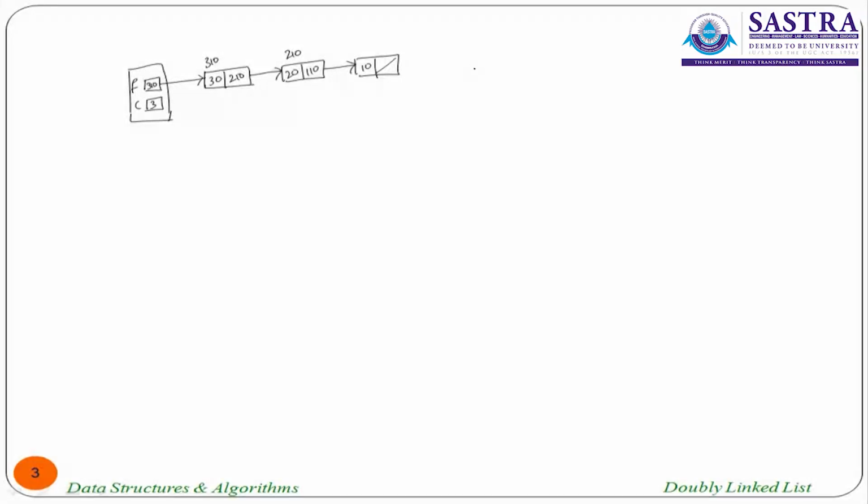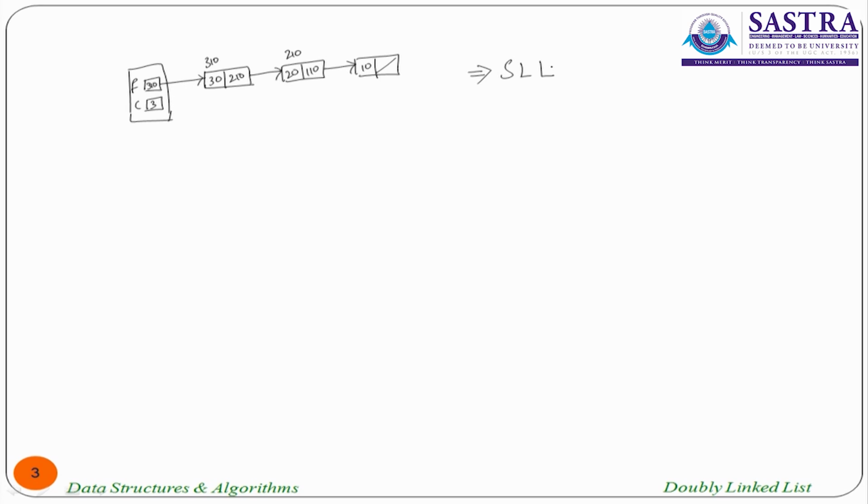We know about the singly linked list. The general structure for the singly linked list is, it contains the address of the first element and then the count. So, this is an example of a singly linked list.